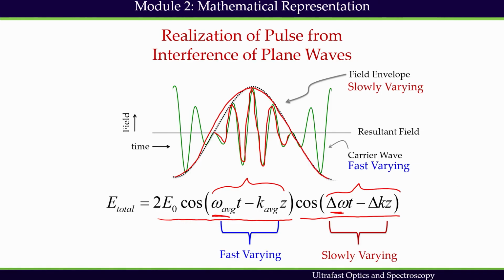Therefore, interference of two plane waves of slightly different frequencies propagating along the same direction yields a pulse, which is nothing but a product of rapidly varying and slowly varying cosine waves. This points to two important features. A plane wave with a single frequency component can never produce a pulse, and to realize a pulse, we need more than one frequency component.